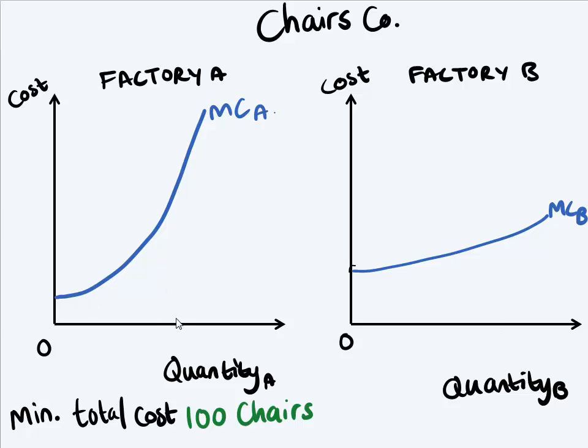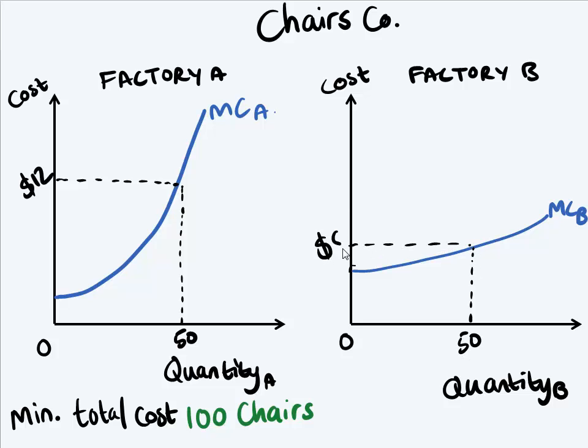Let me just get my graph neat. I'm going to start this side. So let's say that's about 50 chairs, and that's a cost of $12. If I produce 50 chairs in Factory B, that's about, let's say, $8. All right, that's not too bad.